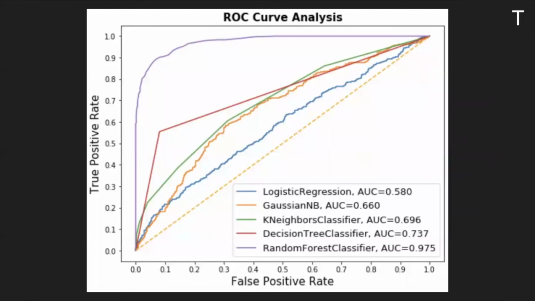So now with these improved models for logistic regression and k-nearest neighbors, we were able to do an ROC curve analysis. And again, we could see that the random forest classifier absolutely does the best when compared to all of them. The decision tree also does very well, as we've seen, and logistic regression and naive Bayes both struggle to perform much better than the average, which would just be the 80% baseline.